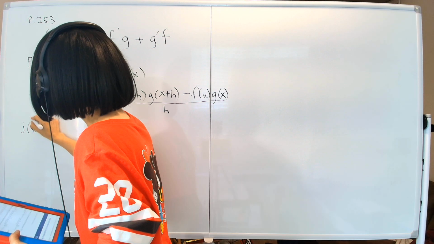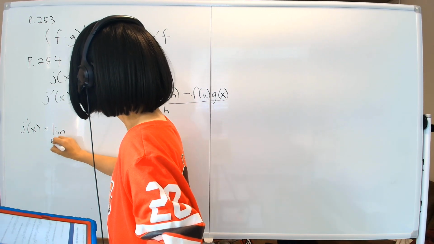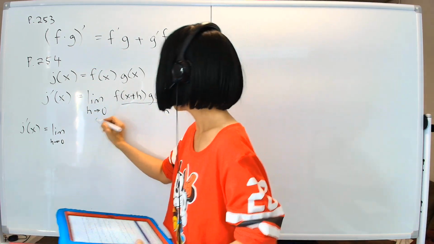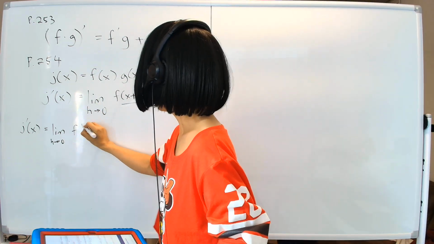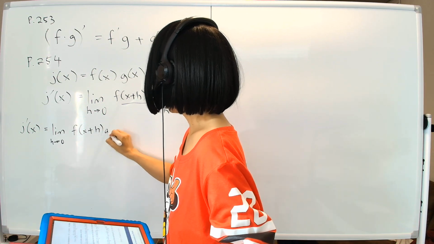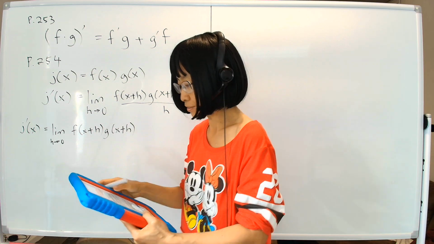So we will pull that stunt. It equals, writing this out, the limit as h approaches 0. We still have the first term, f of x plus h, g of x plus h. All right, so far so good.